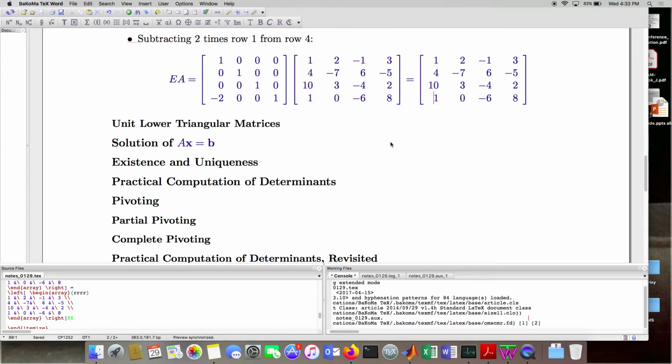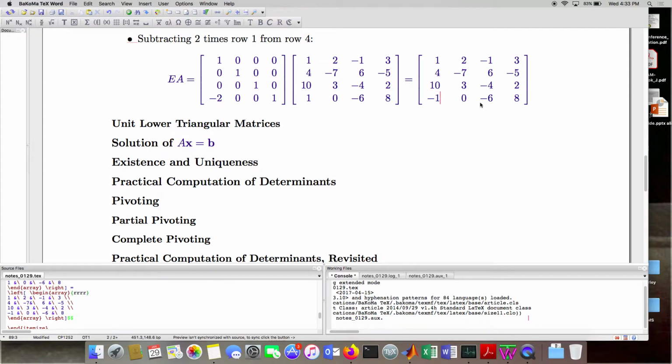So 1 minus 2 is -1. 0 minus 4. So -6 minus a -2. And then 8 minus 6 will be 2. All right, so that's a result of performing this row operation on this matrix.